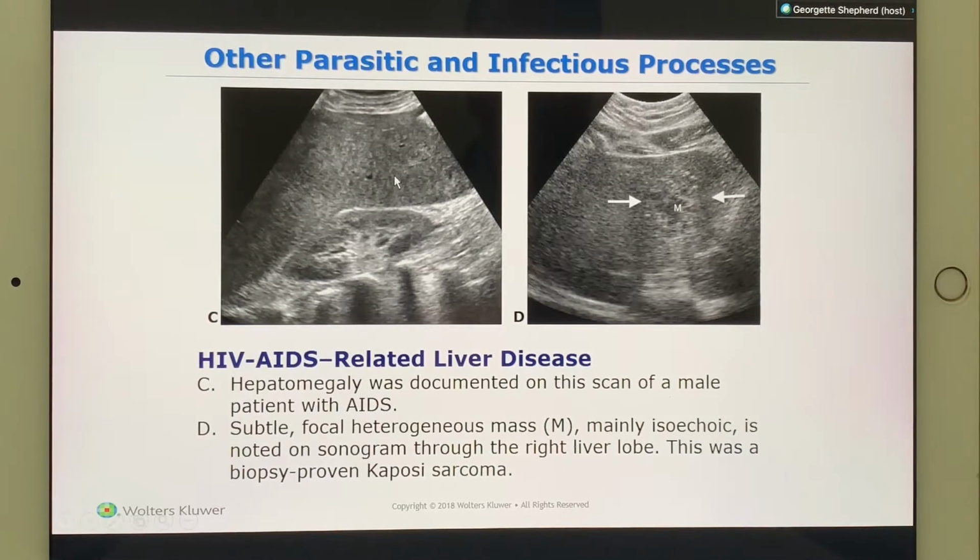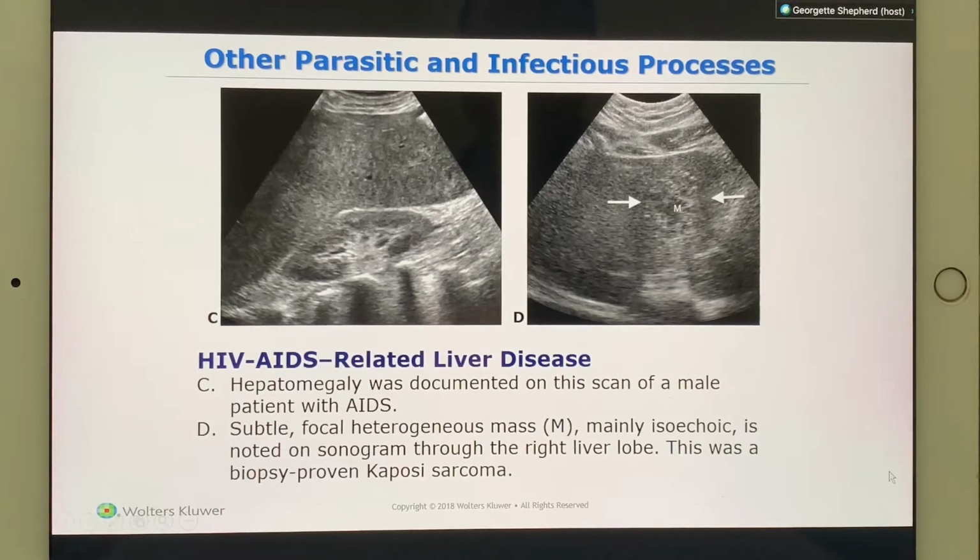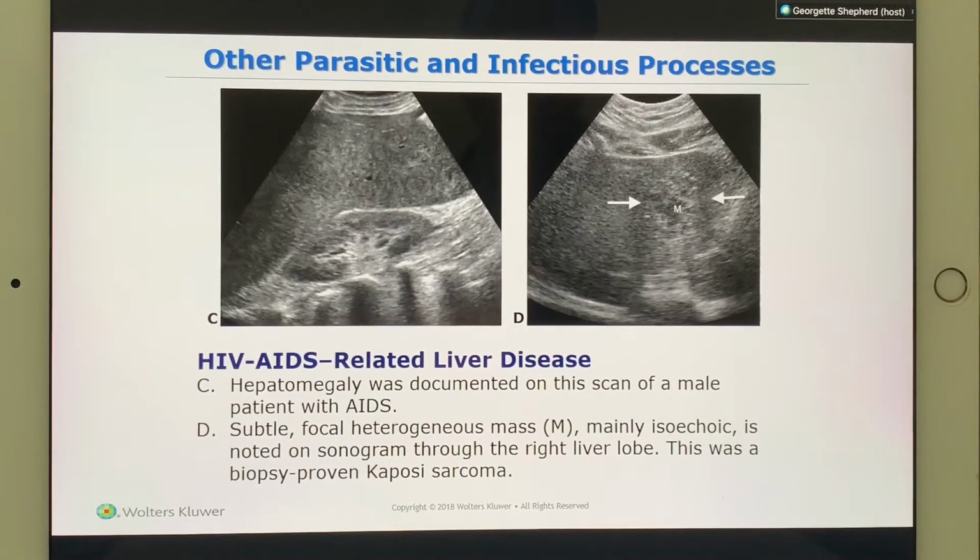We can't confuse an enlarged liver, hepatomegaly, with Riedel's lobe. You can see that this liver is heterogeneous. It's not homogeneous. If it was Riedel's lobe, it would be homogeneous.